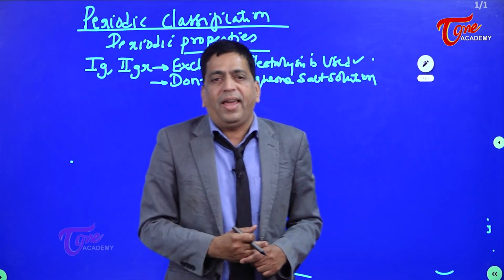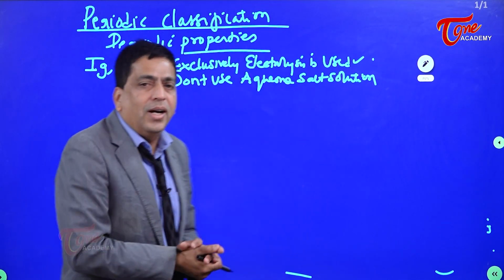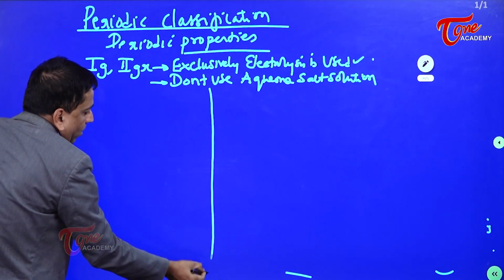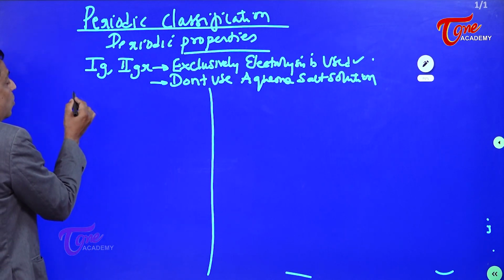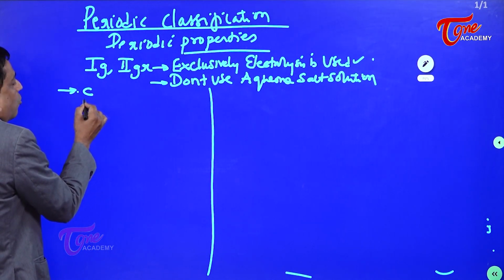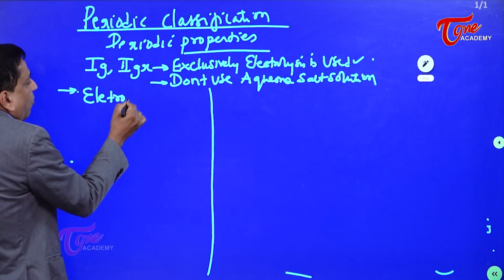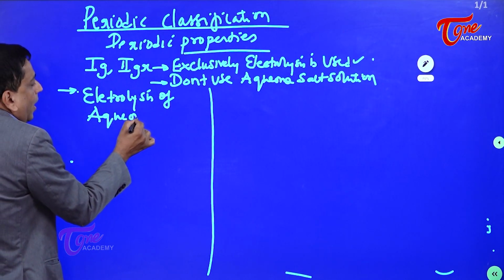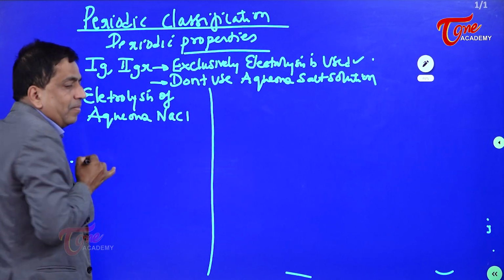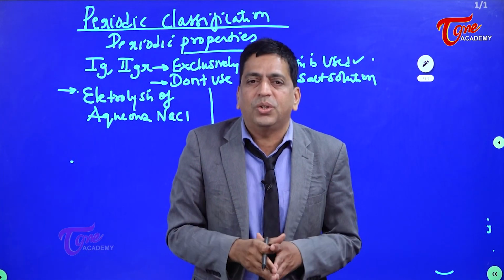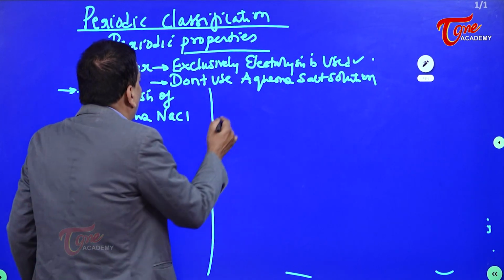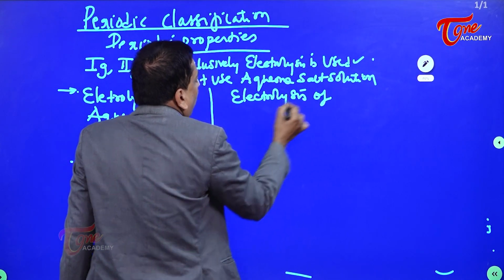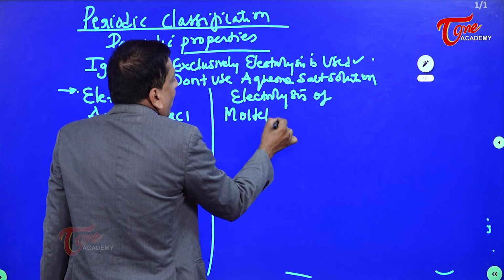If you ask me why, then here is the explanation I'm giving. Observe what we will do, and I'm actually comparing two things. Here I go for the electrolysis of aqueous NaCl, and I want to compare this with the electrolysis of molten NaCl.